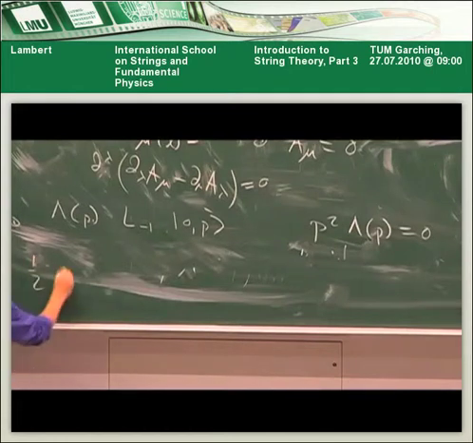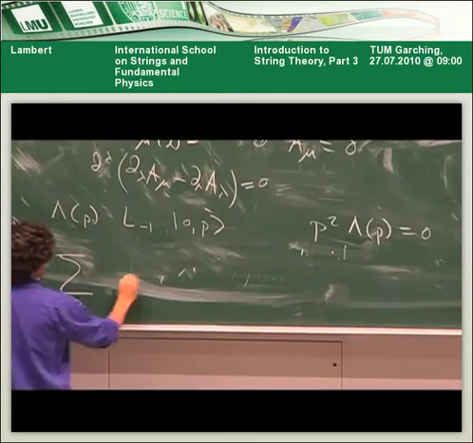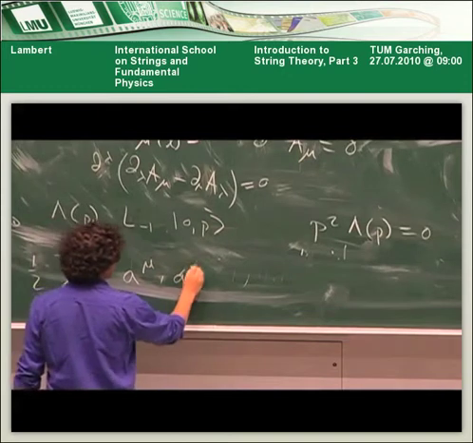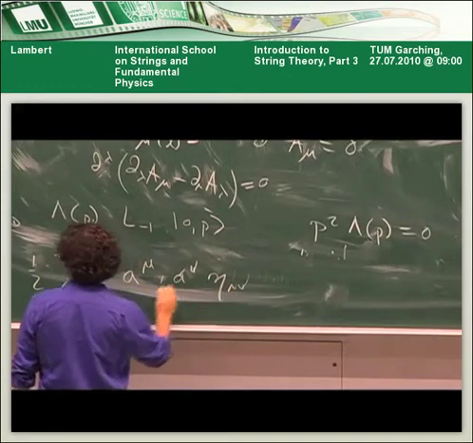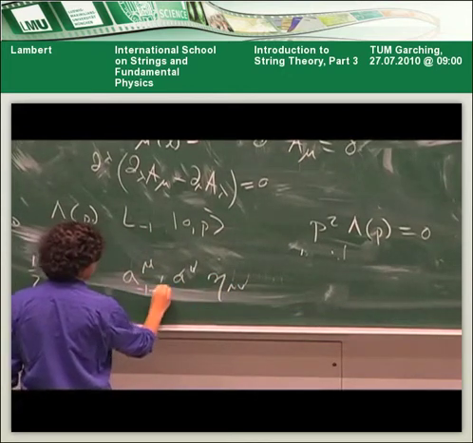So this is null. What is L_{-1} on |0,p>? Well, it's 1/2 sum over p, A^μ, η_μν, minus 1 minus p, p.